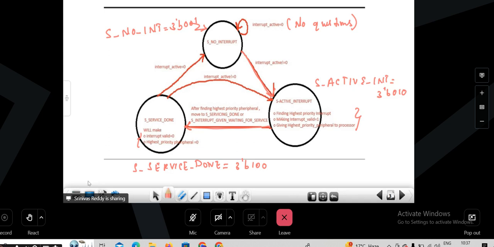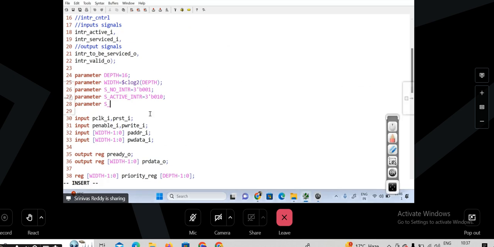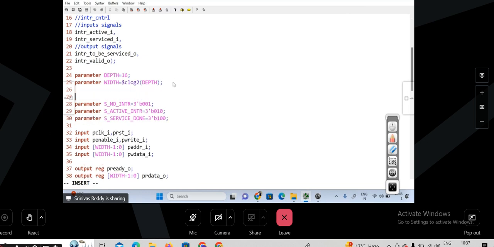Did you understand? Now we'll understand how to do the modeling, how to handle the interrupt controller. So what do I have to do to handle the interrupt controller? Always at the positive edge of the clock, begin.